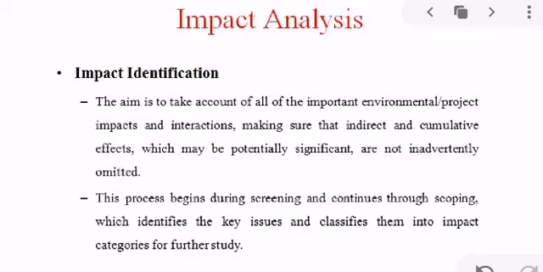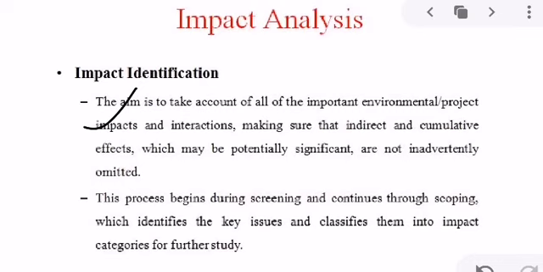We will come into the first phase of impact analysis, impact identification. A logical and systematic approach needed to be taken to impact identification. So the main aim is to take account of all the important environmental impacts or project impacts and interactions, making sure that indirect and cumulative effects, which may be potentially significant, are not omitted.